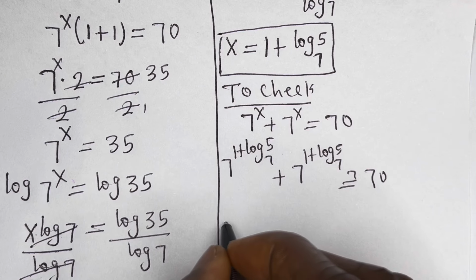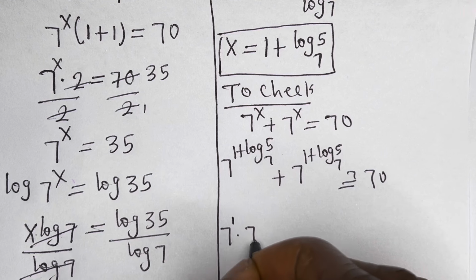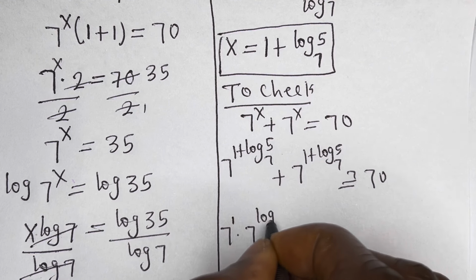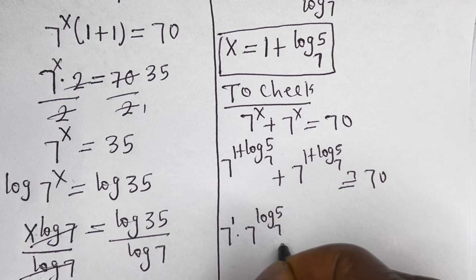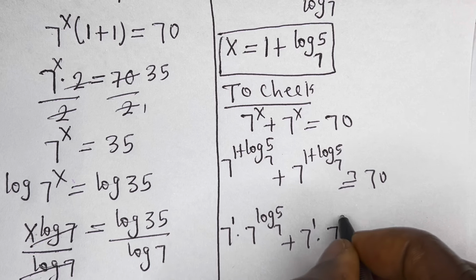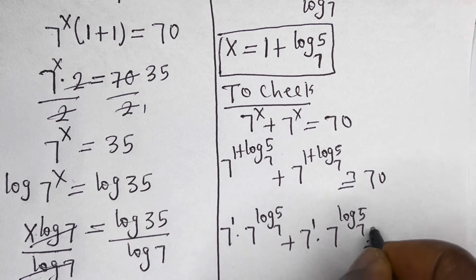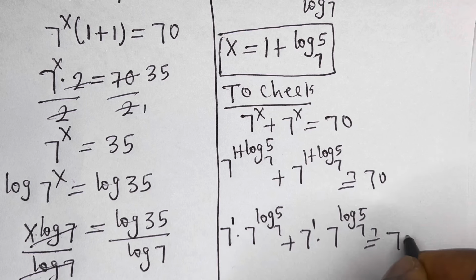Here, this is 7 raised to power 1 multiplied by 7 raised to power log 5 base 7 plus 7 raised to power 1 multiplied by 7 raised to power log 5 base 7 must be equal to 70.